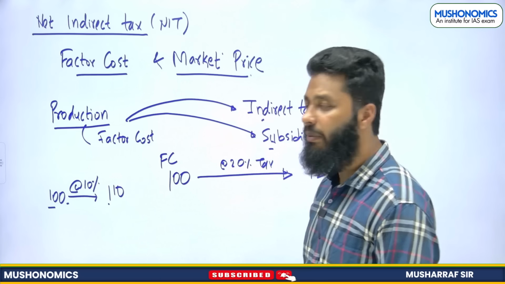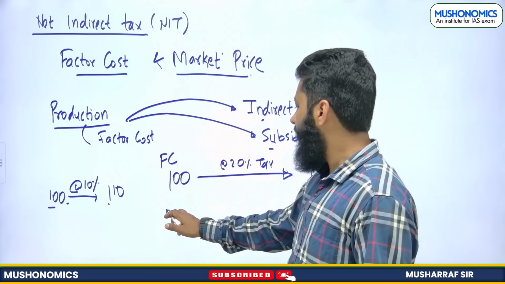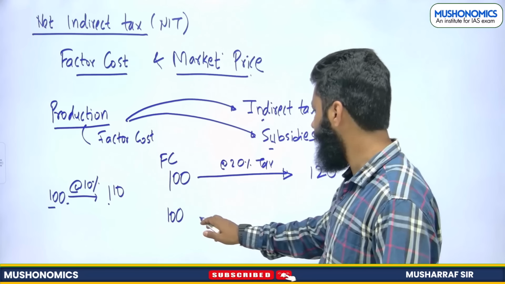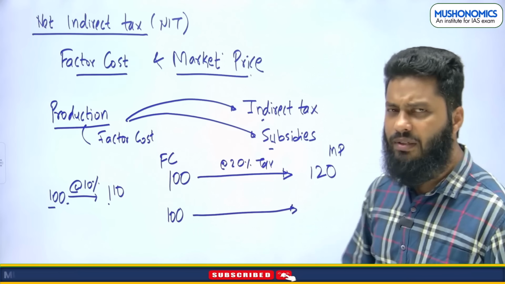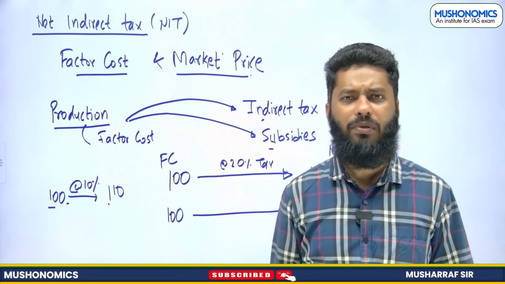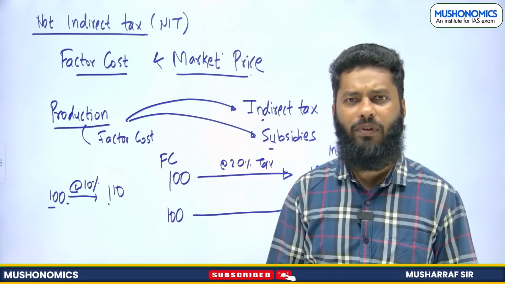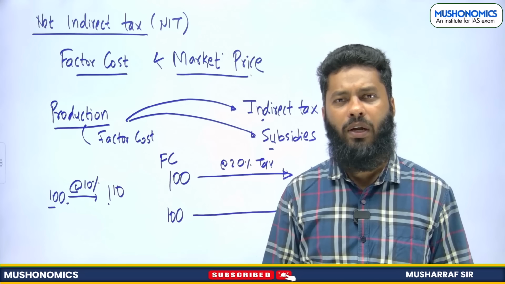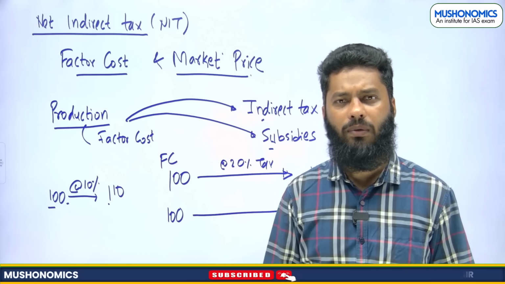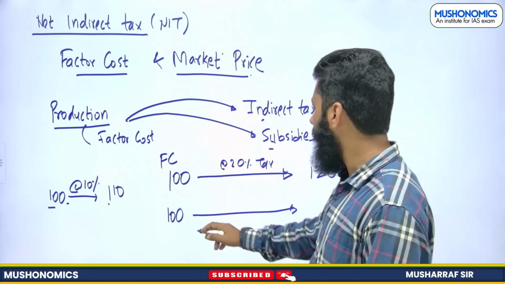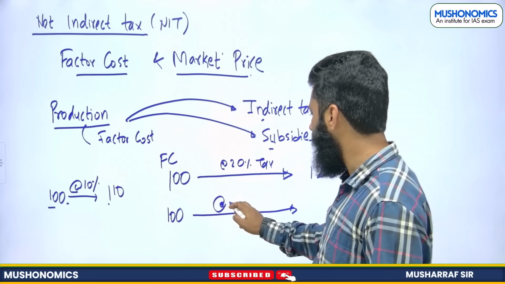Now one more thing can be there. For example, this product costs 100 rupees, but since it is a very essential product, a pen, suppose, needed to write and read, with lots of usage in education, and the government wants to make education more accessible, the government has given a 20% subsidy on this.